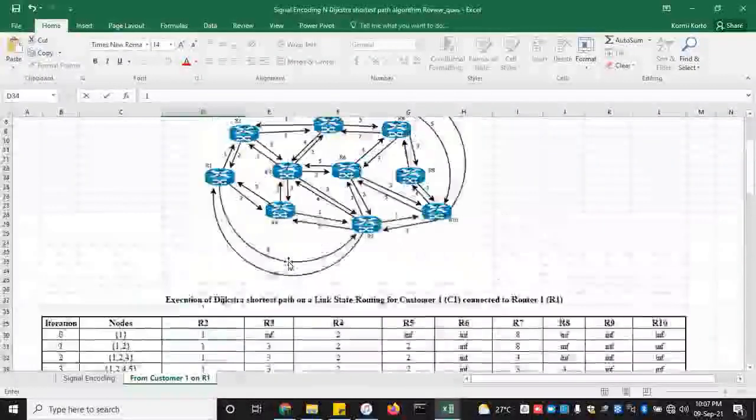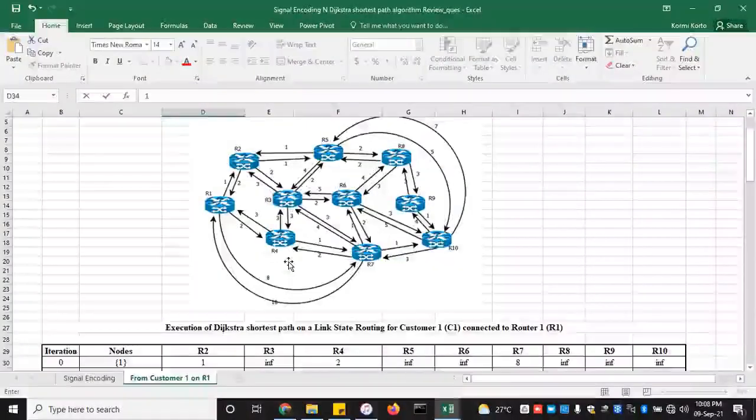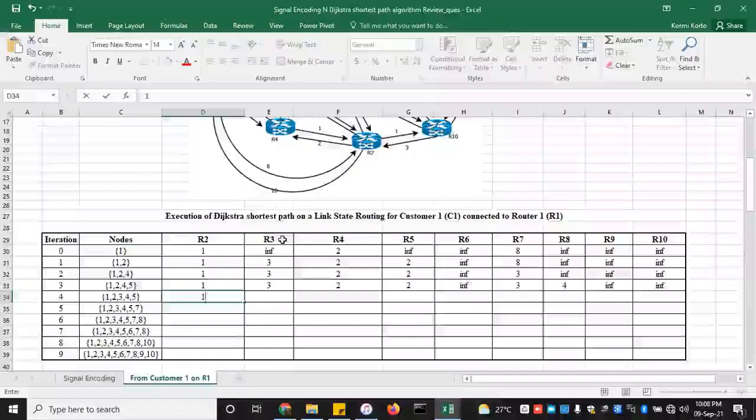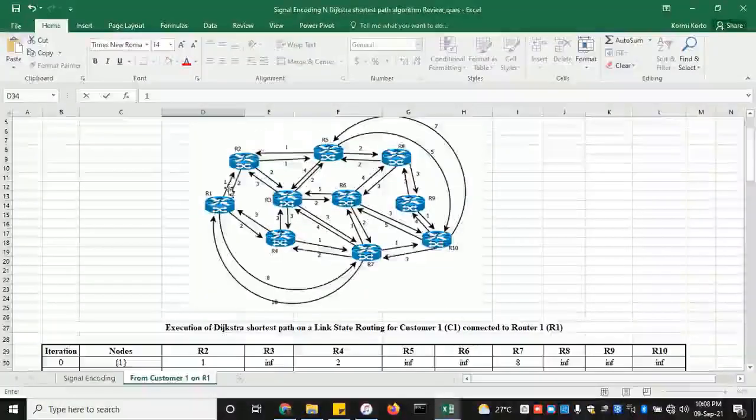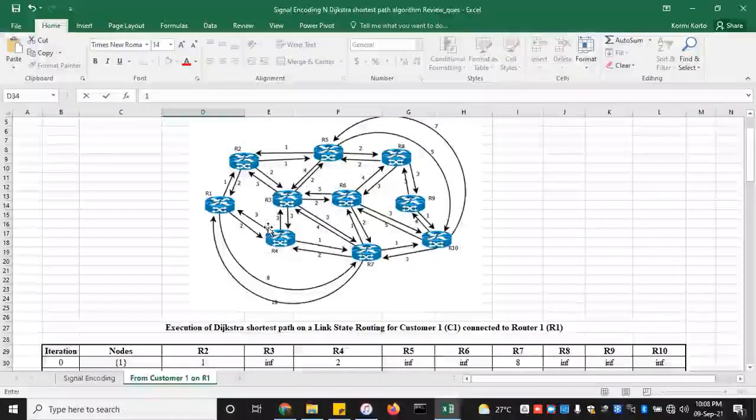For 3, let's see. Since we do have now 1, 2, 3, 4, 5, you do have this range of routers to forward the messages.